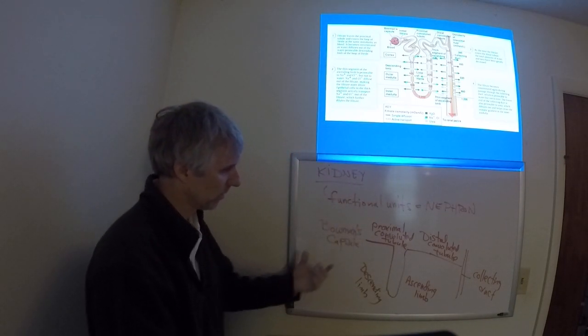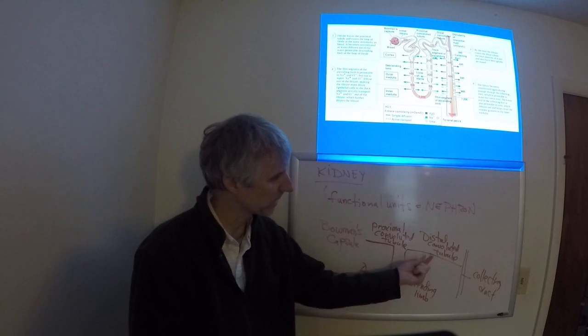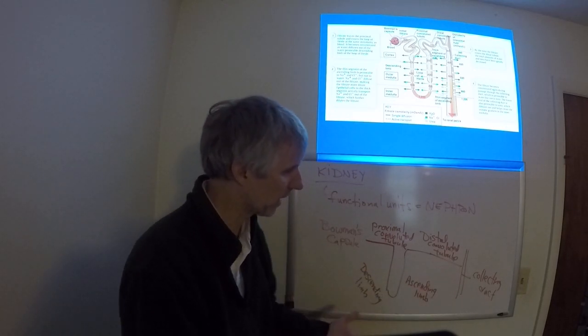Okay? Bowman's capsule, proximal convoluted tubule, descending limb, ascending limb, distal convoluted tubule, and collecting duct.